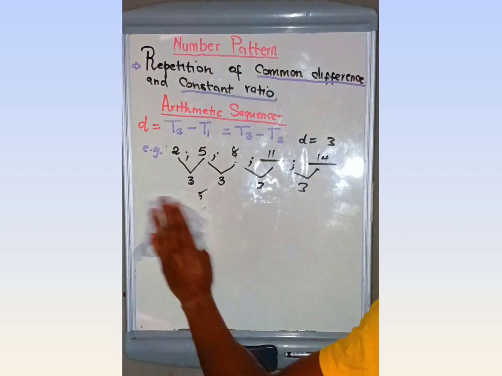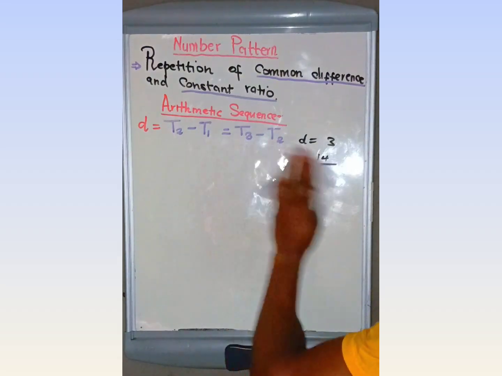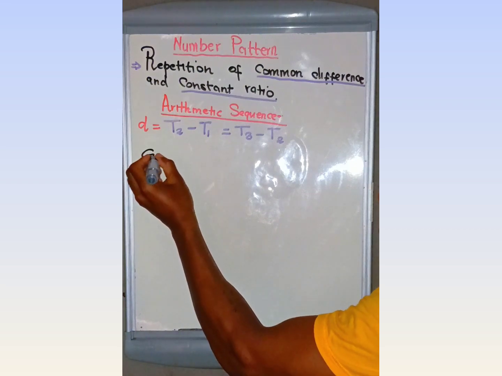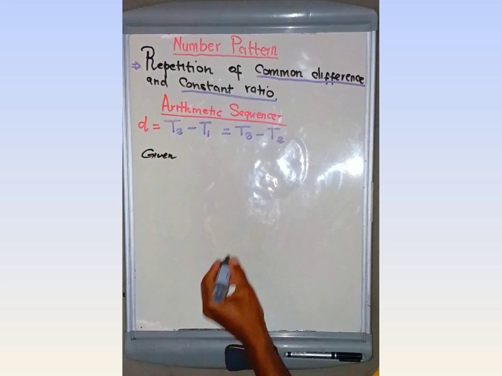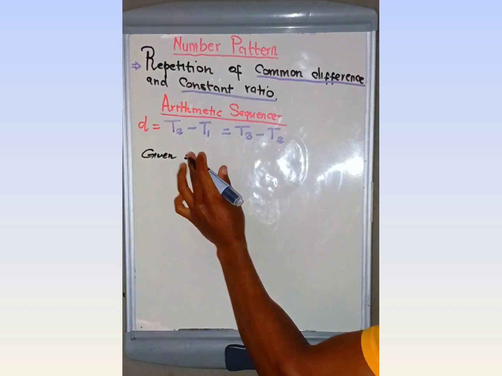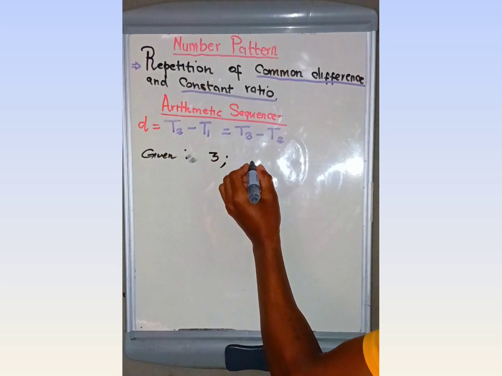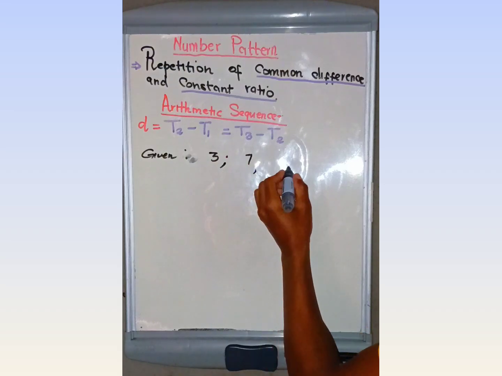Okay, then sometimes they're just going to say prove this sequence is arithmetic. They're just going to say we have been given a sequence: 3, 7, 11.